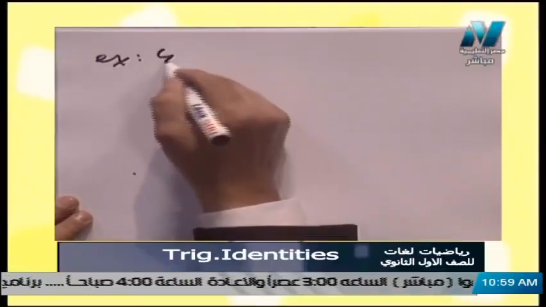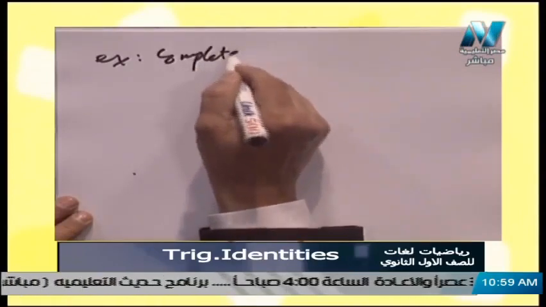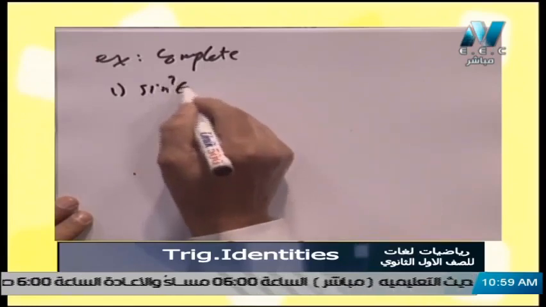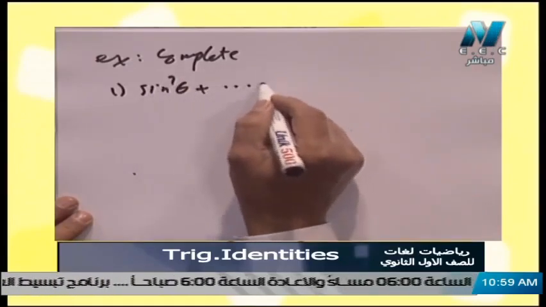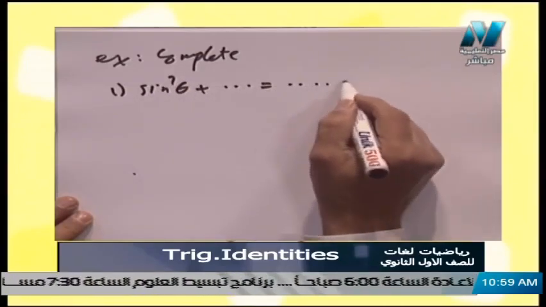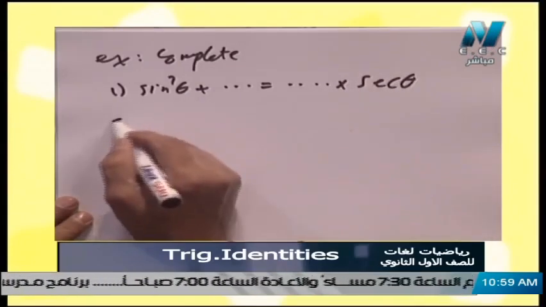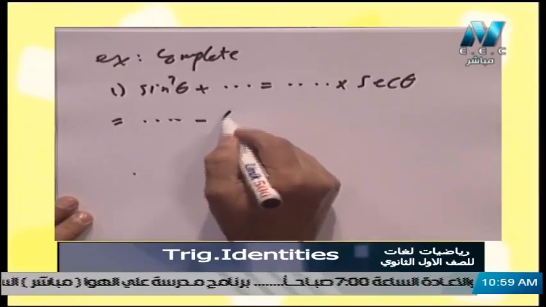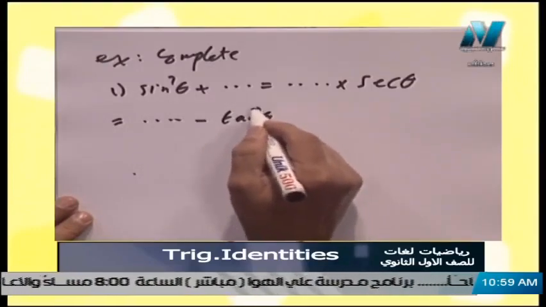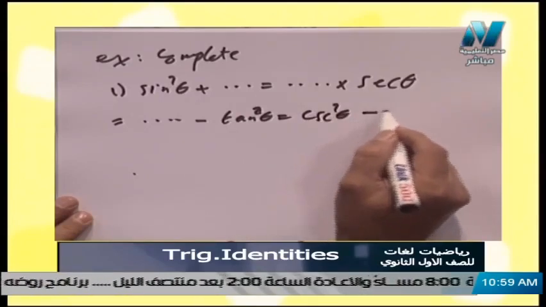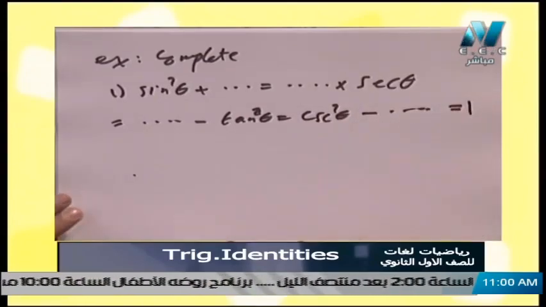We have some examples here. First example for you, it says complete. Number 1, we have here sine power 2 theta plus something equal something multiplied by sec theta equals something here minus tan power 2 theta equals cosec power 2 theta minus something, all of them equals 1.